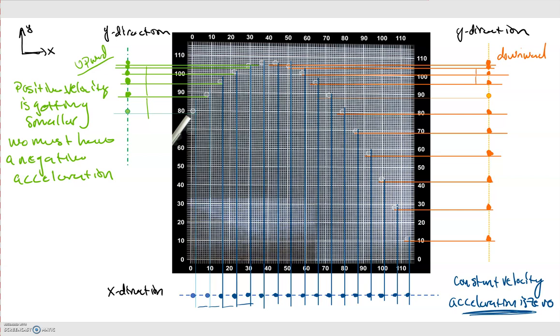So now moving over to the downward motion diagram to the right here, we see that the spacing is increasing as we're moving down the motion diagram. So as we're going down, we know that we must have a negative velocity, and that it must be increasing since the spacing is getting larger between each point.